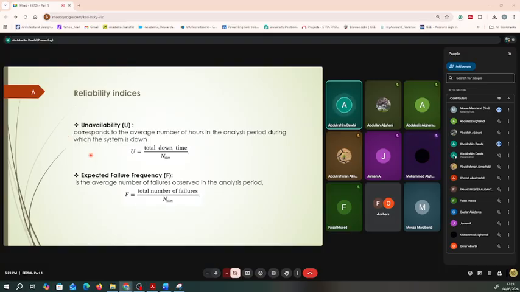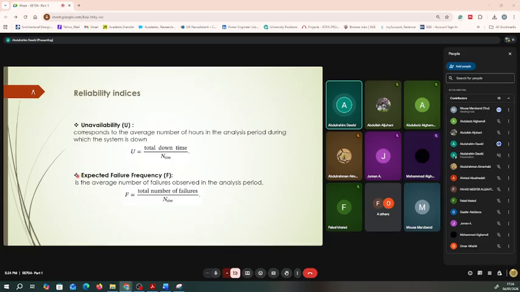About reliability indices, we have 4 indices. The first one is the unavailability, corresponds to the average number of hours in the analysis period during which the system is down, and this is the calculation, total time divided by NSIM.